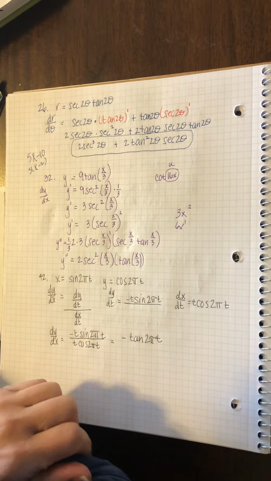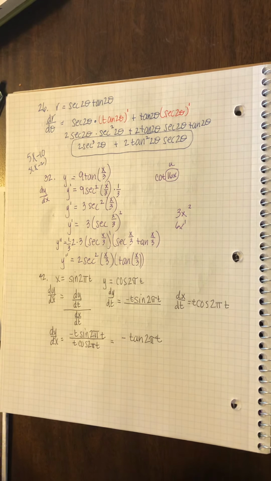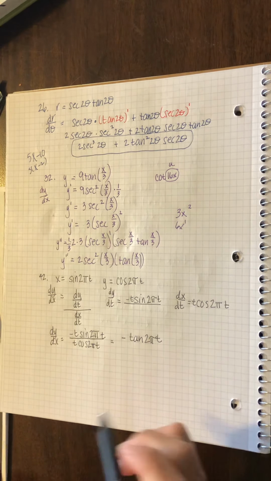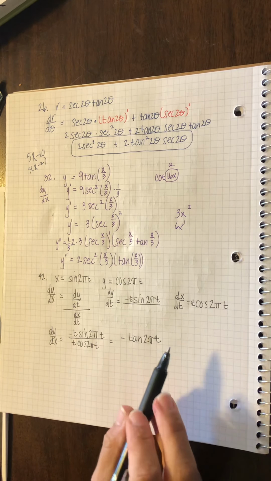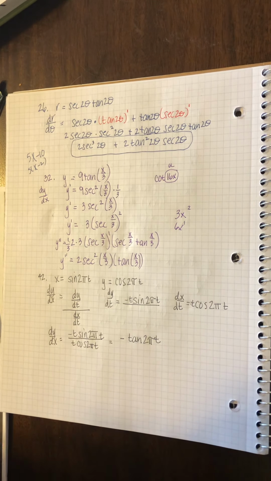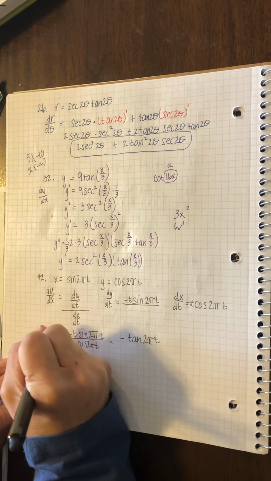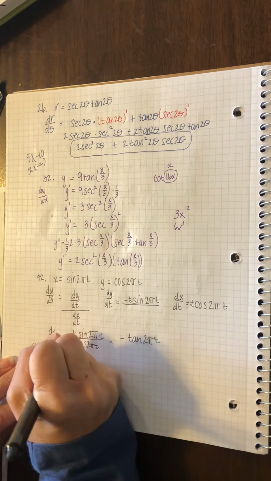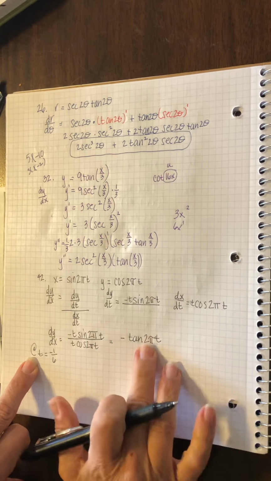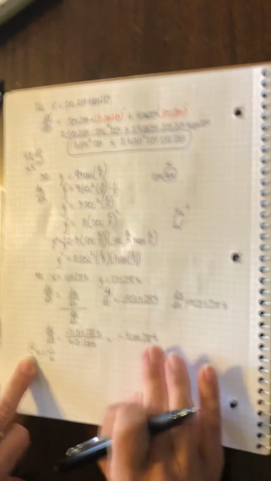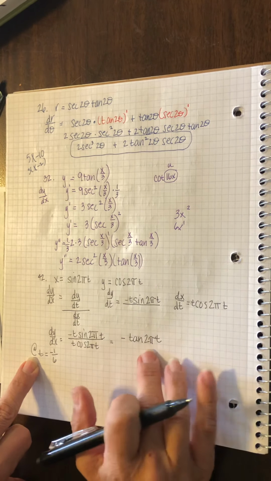Okay, so that's the first thing we need to do. It says find the equation of the line tangent. Well, tangent means the slope of the tangent line is the derivative, and that's what we're doing right here. So derivative, slope of the tangent, here we go. This is step 1. The next step is that they tell us t is negative 1/6. So negative tangent 2 pi t is the slope.